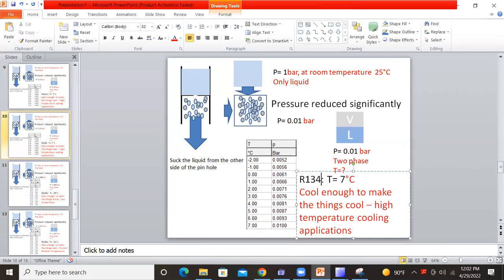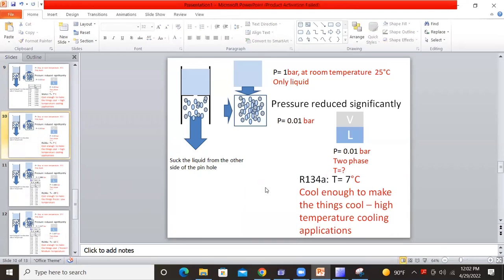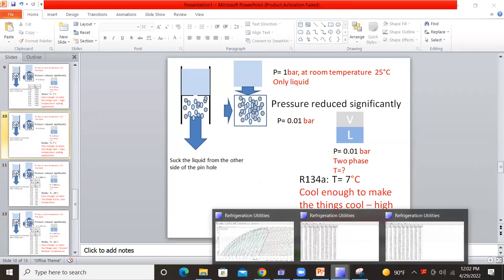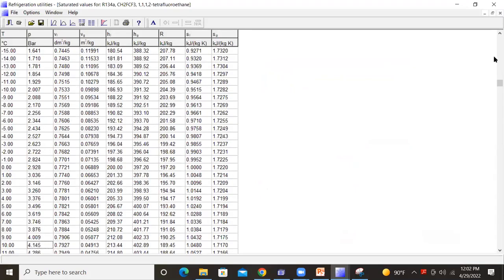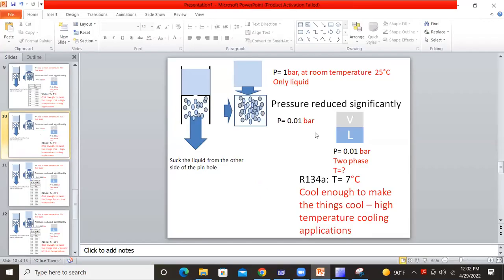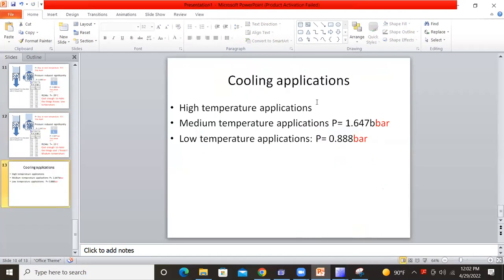It's a substance. That's all you can know. Okay. It can be liquid or vapor phase. So pressure is 3.746 bar. Okay. Then I will go here.